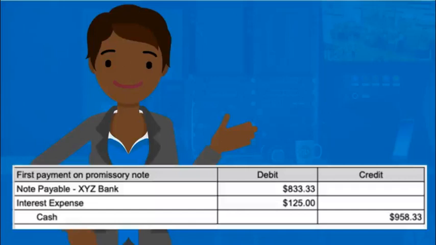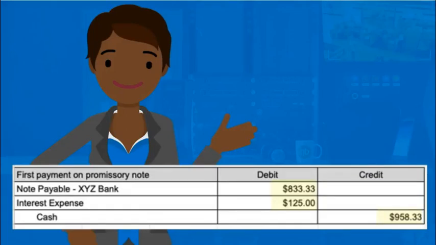First, let's say your client made their first payment of $958.33, which includes both the $125 interest payment and the $833.33 payment to principal. Keeping in mind that debits come first in the journal entry, we would start with the notes payable account, which is going down by $833.33, which does not include interest.